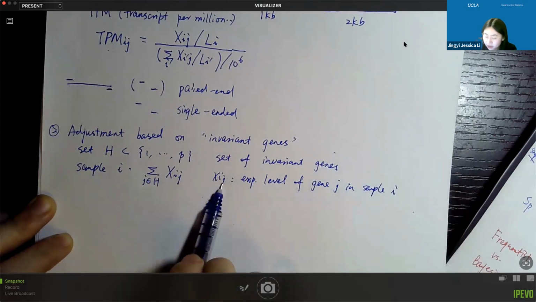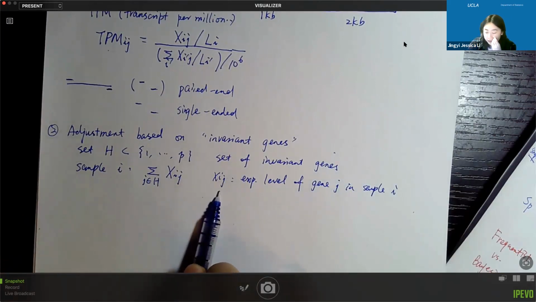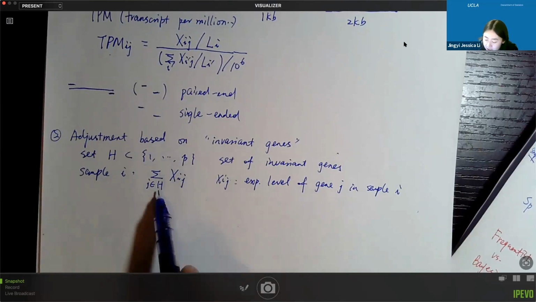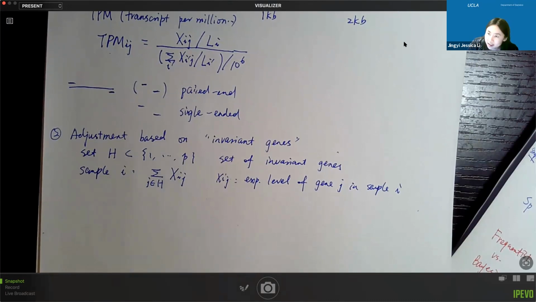Here, probably my Xij is already TPM, so after that pre-processing, I start from there. Then I would expect that this sum should be quite constant across samples i. Therefore, I could calculate a weight factor, or maybe better, a scaling factor for every sample i.